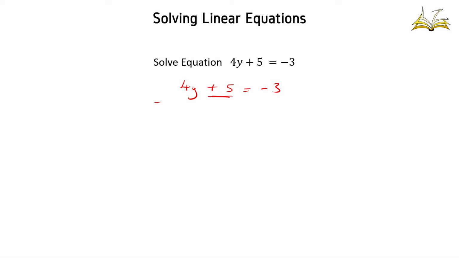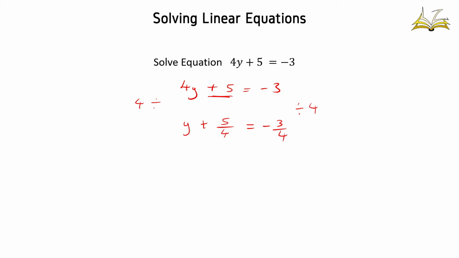So if I decided to divide by 4, right? Yes, I do get rid of the 4 in front of the y. It becomes y. However, we also have to now divide the 5 by 4. Sorry, not by y. So we have 5 over 4, which equals negative 3 over 4.